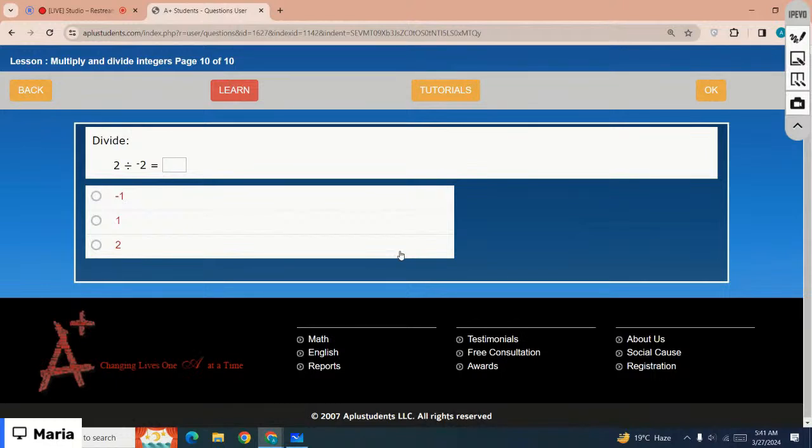The correct option is negative 1, because one of the numbers is negative, so the answer must be negative.